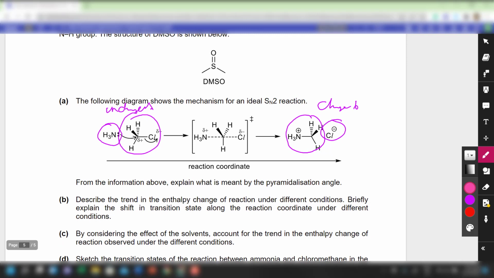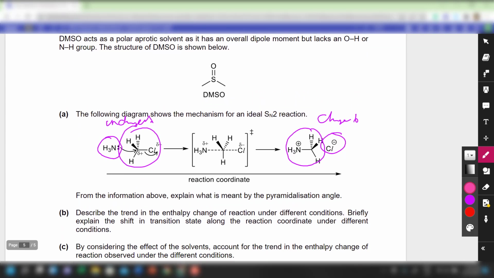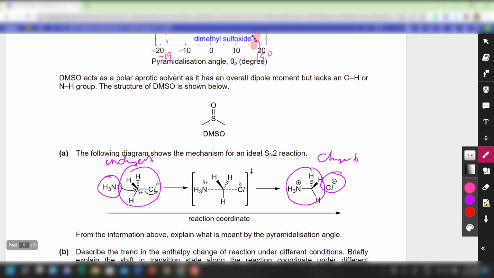from the information above, explain what is meant by pyramidalization angle. So we will ask you to explain what it is. If you look at the transition state, it takes on what we call a trigonal bipyramidal geometry. This is like an ideal SN2 reaction.